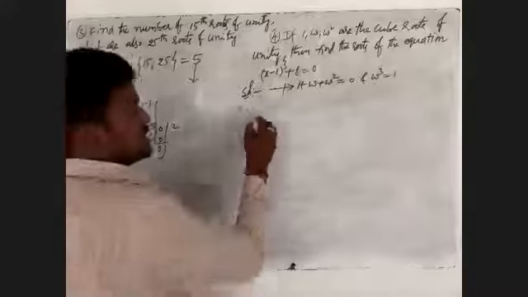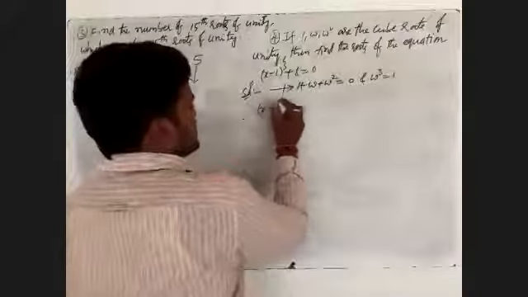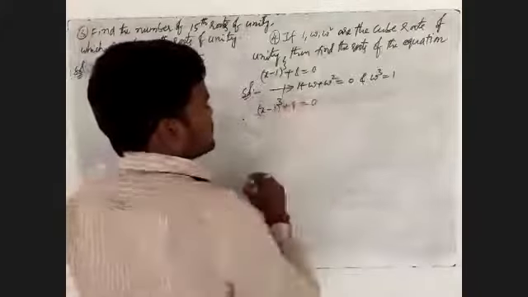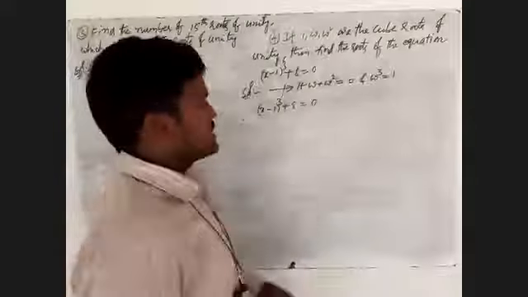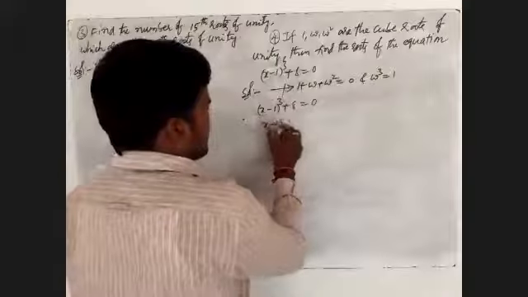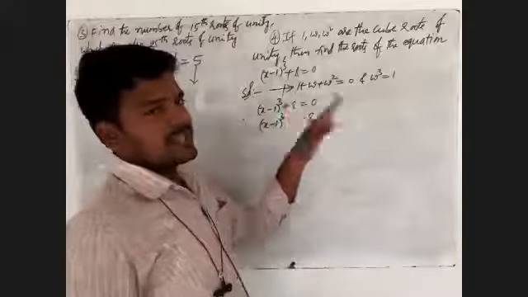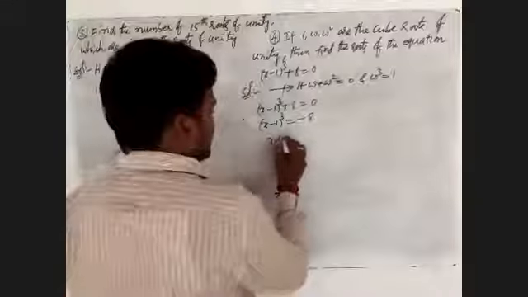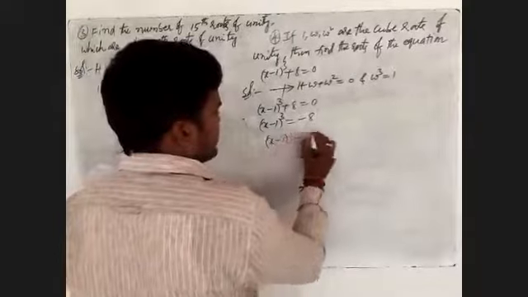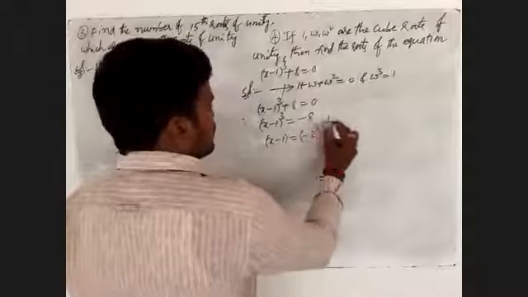First I take the given equation, (x minus 1) whole cube plus 8 equals 0. Plus 8 goes to the other side, so (x minus 1) whole cube is equal to minus 8. Taking the power 1 by 3, x minus 1 equals (minus 2 cube) whole power 1 by 3.